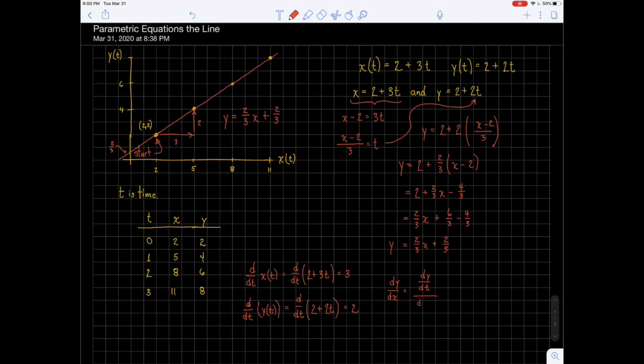Our derivative of x was the derivative of x with respect to t. And if you treat these like fractions, in other words, dy dx now is just dy dt times dt dx. And so that's how our derivatives work with our parametric equations.